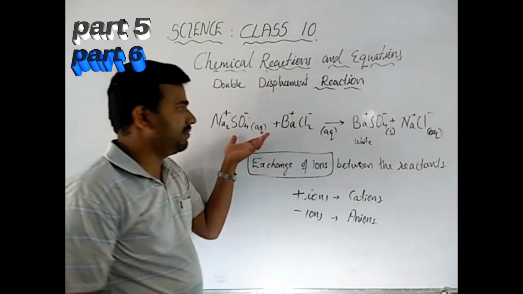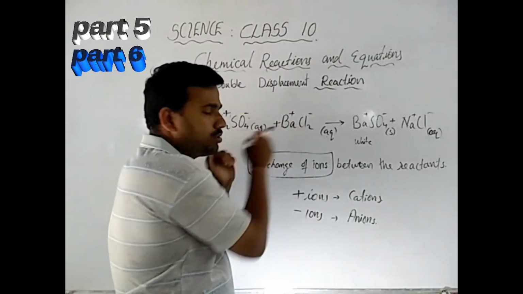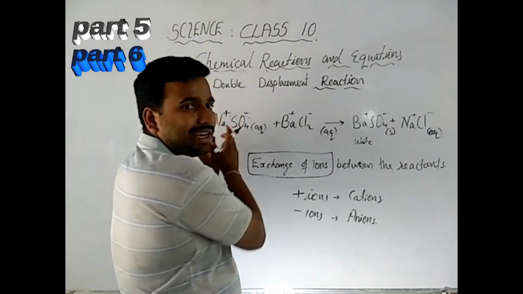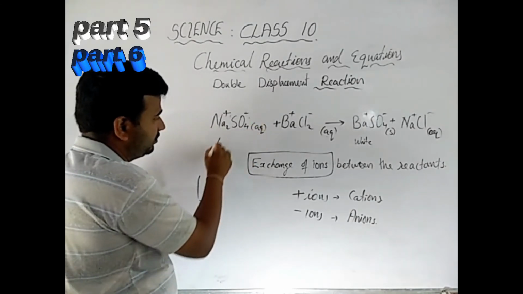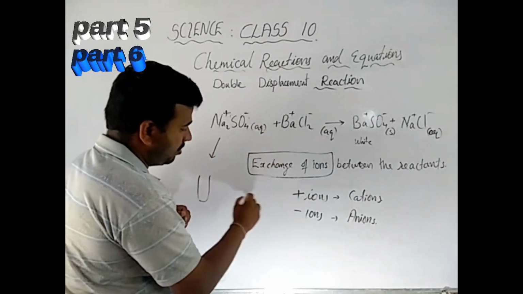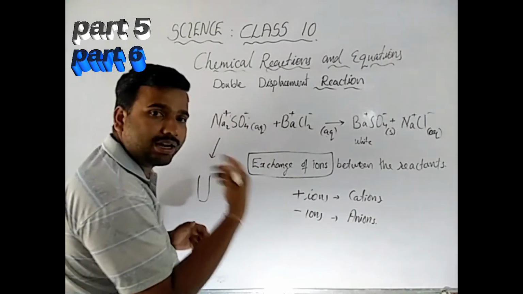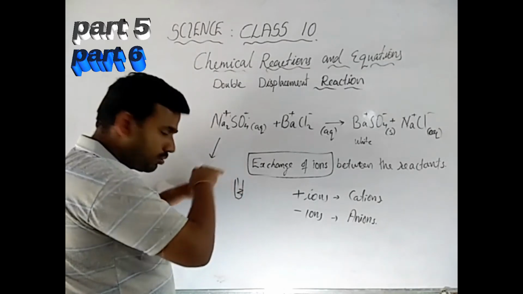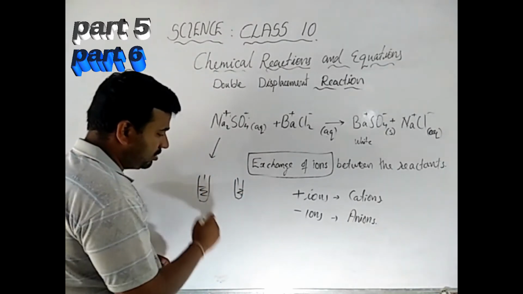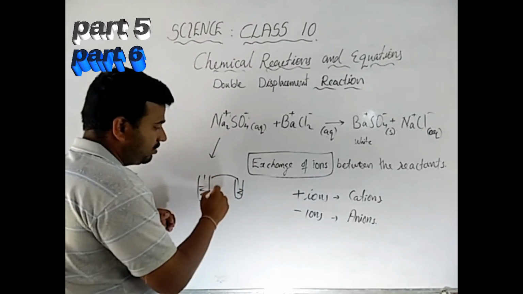So what happens when we mix these two solutions? Sodium sulfate we are taking in one test tube and barium chloride in another test tube. So when we mix these two solutions together, what will happen?